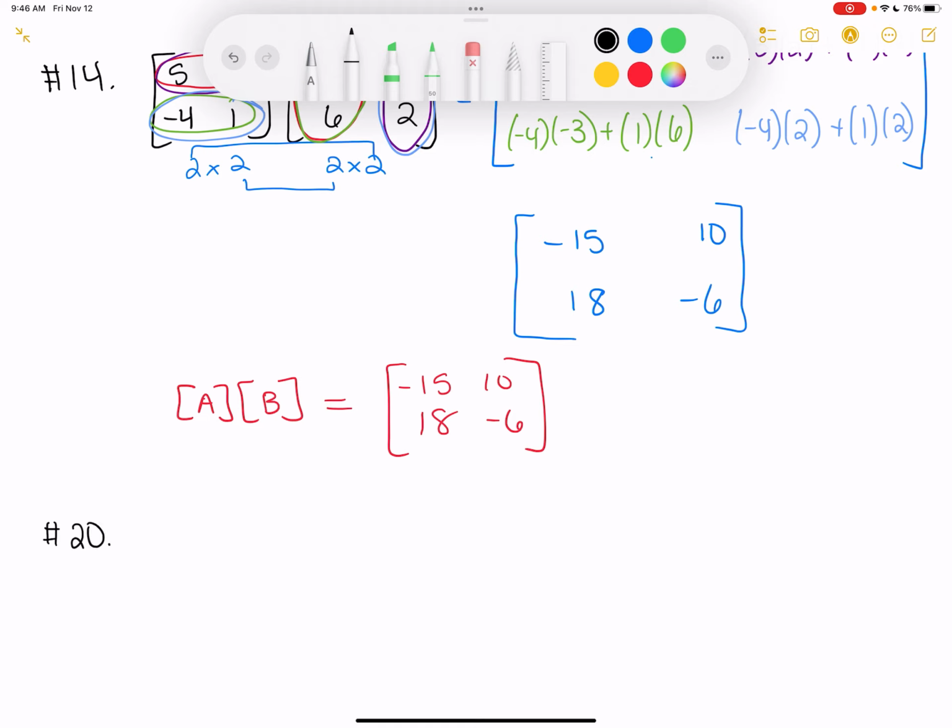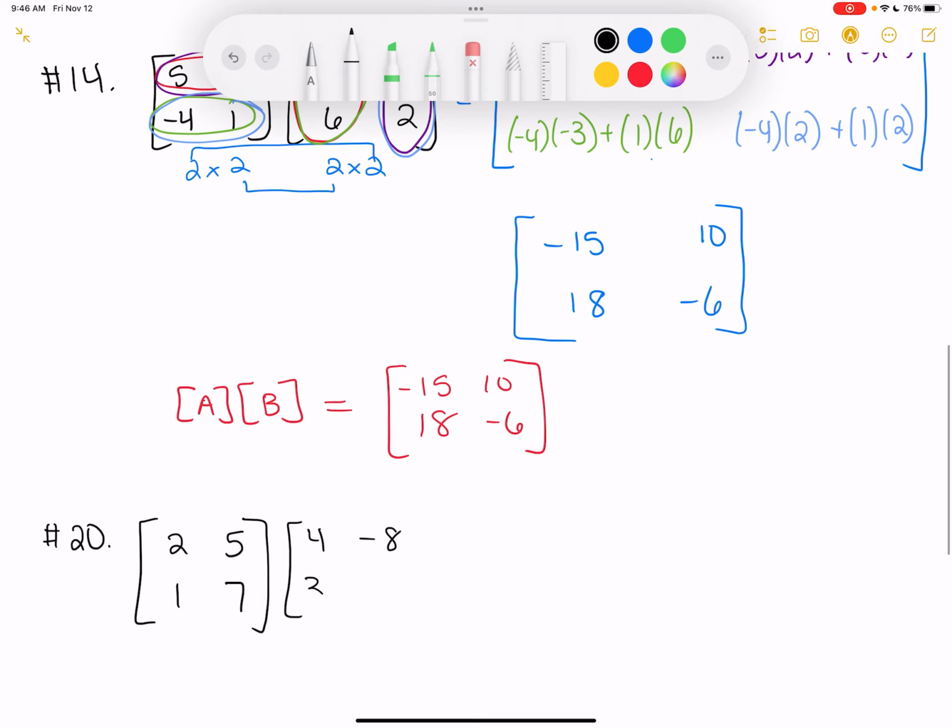All right, what I'm going to have you all do is try this one on your own on paper first, just to see if you're understanding how to line them up, and then I'll go over it with you.